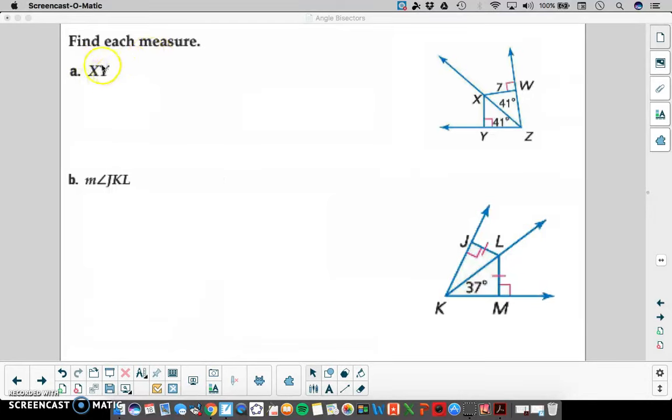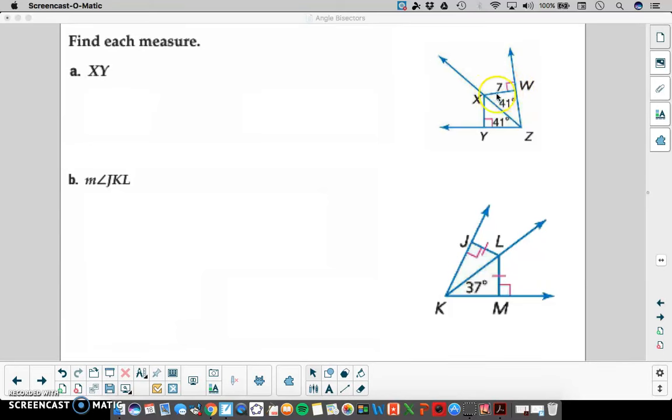So I want to find the measure of segment XY. In this picture here, I notice I have congruent angles XZY and XZW. That means that XZ is an angle bisector. We also notice that XY is perpendicular to ZY and XW is perpendicular to ZW.